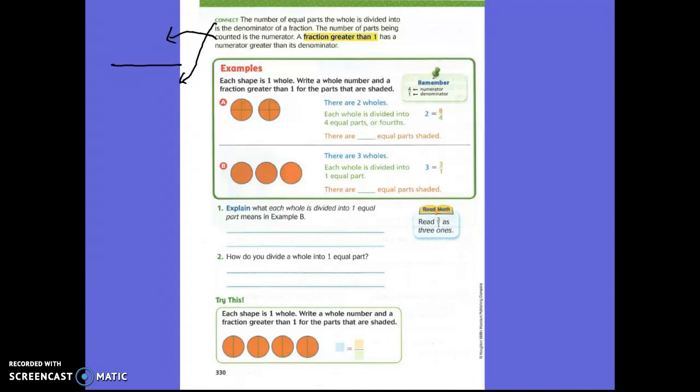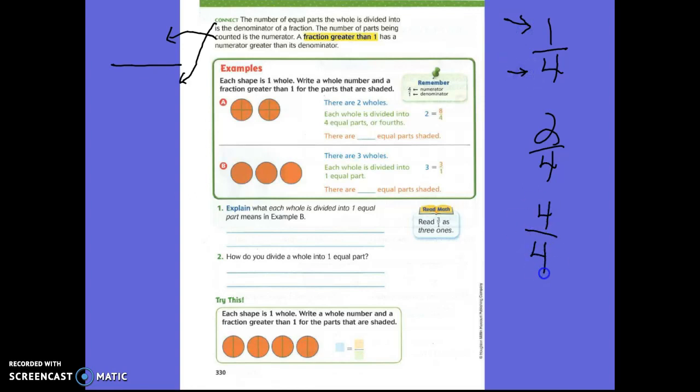Now, you guys know this. You've done fractions before. You've done the shaded stuff. What you may not know is a fraction greater than 1 has a numerator that's greater than its denominator. So far, your fractions have been where the numerator, the top number, is less than the bottom number, or it's equal.